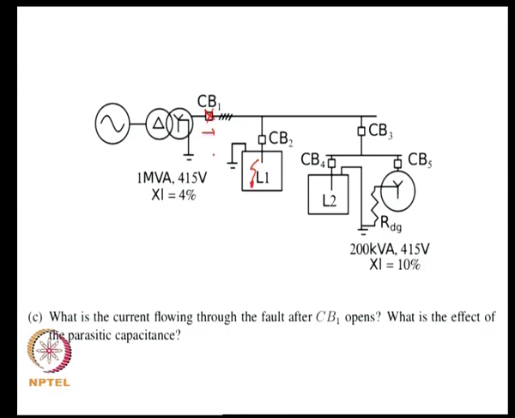So, the question is what is the current flowing through the fault after CB1 opens. Okay. So, what is the change in fault current and what is the effect of considering the parasitic capacitance of the line when you are doing such a calculation. Okay.